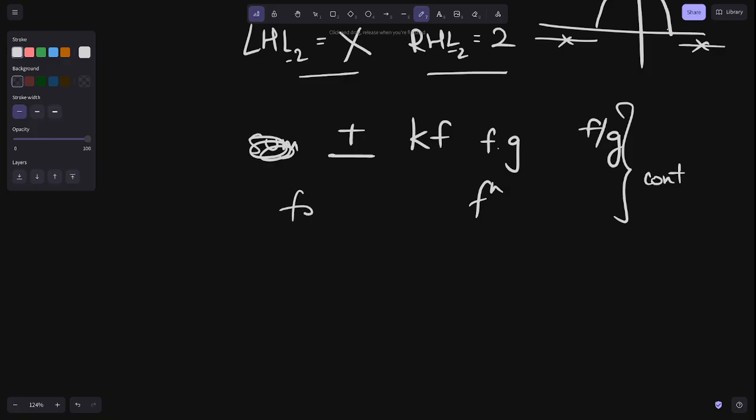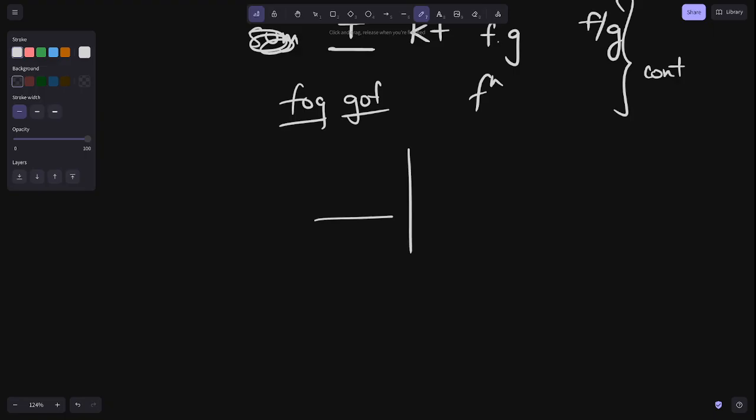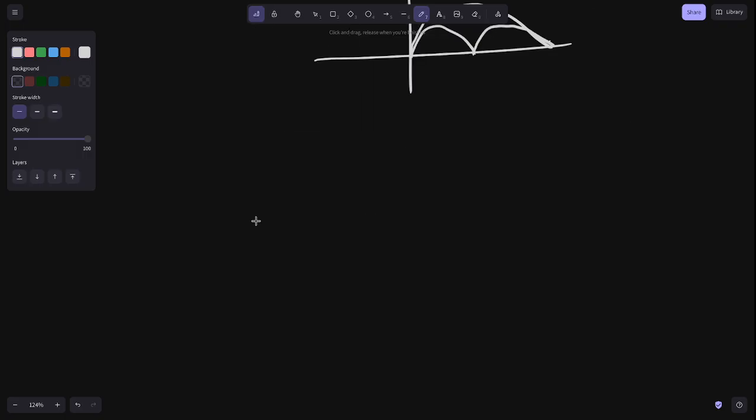Also f of g and g of f are also continuous. Because this is very logical, right? So for example, let's say if you have a graph like this, then the next graph is something like this, the totality of that graph will always be continuous. Okay, so this is very obvious.